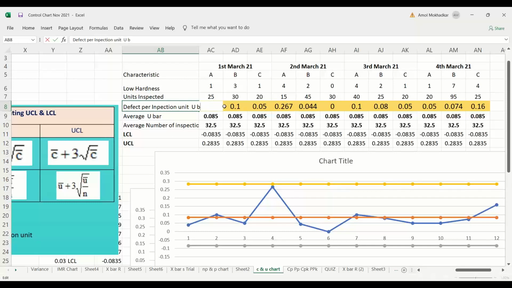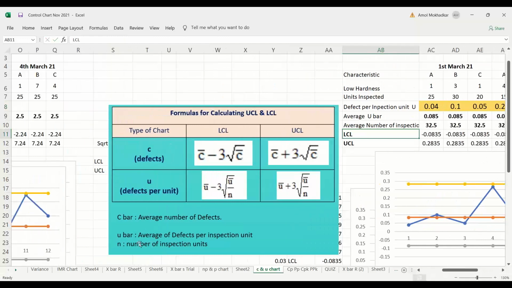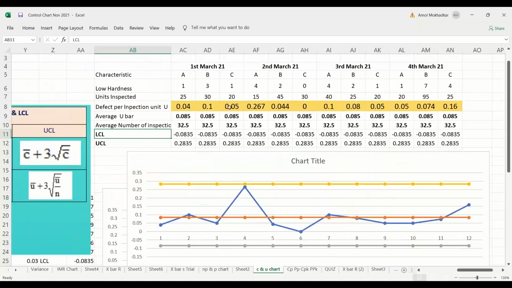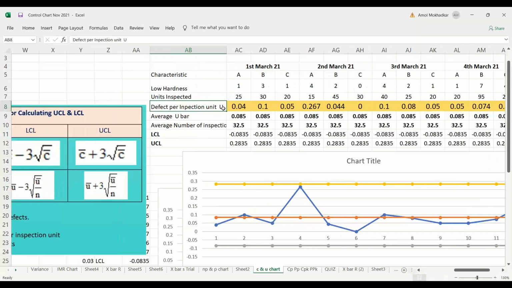No, sorry, not U bar, the U. Here, average of defects per inspection unit. This is the average, and this is the defects per inspection unit, that is the U. This is the value of U. This you are going to plot on the graph, and this is the average, that is U bar, the average number of defects per inspection unit.